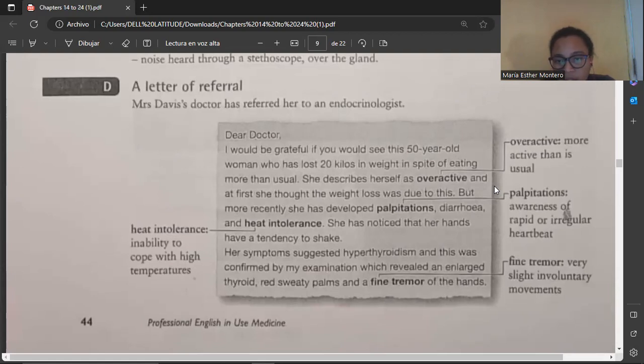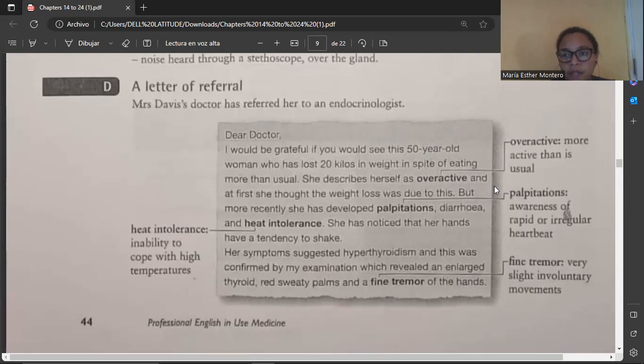Her symptoms suggested hyperthyroidism, and this was confirmed by my examination, which revealed an enlarged thyroid, sweaty palms, and a fine tremor of the hands.